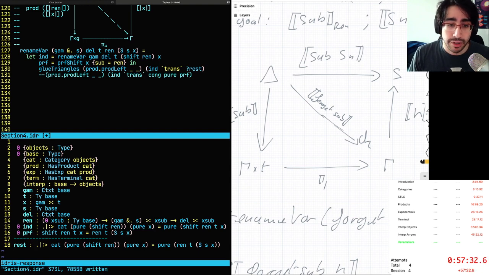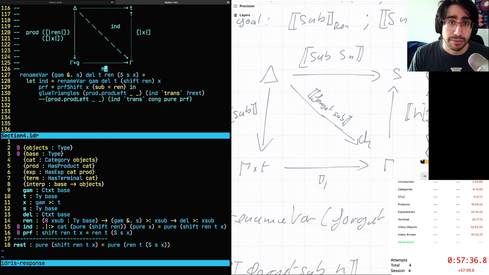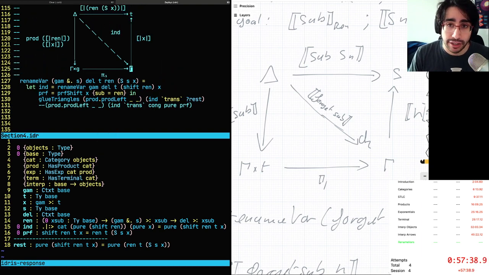And again, what this is doing is carefully matching up the diagonal so that it looks like exactly what we're looking for. And now what we're left with is this property that is just extracting the implementation of ren, the implementation of shift, so that we can see it.